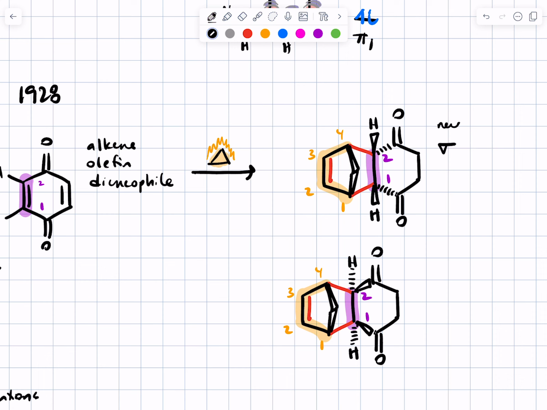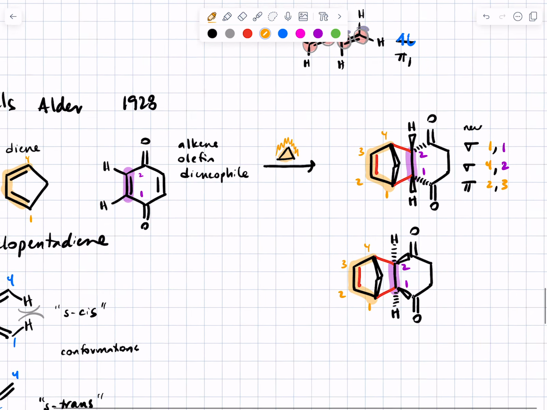You make a new bond between carbon 1 of the diene and carbon 1 of the dienophile. You make a new sigma bond between carbon 4 of the diene and then carbon 2 of the dienophile. And you make a new pi bond between carbon 2 of the diene and carbon 3 of the dienophile.